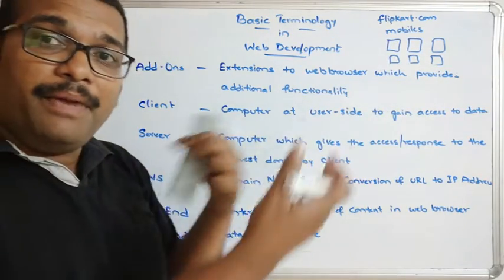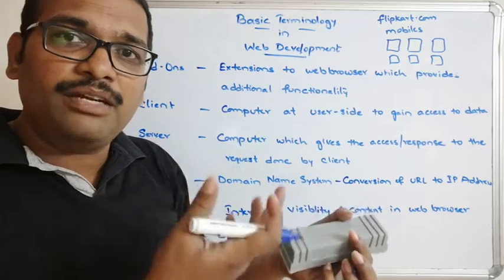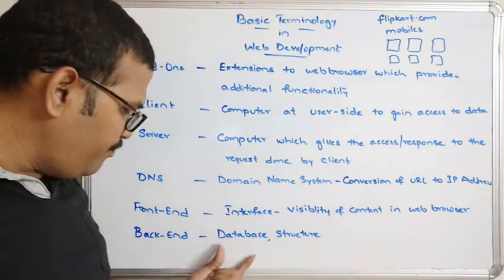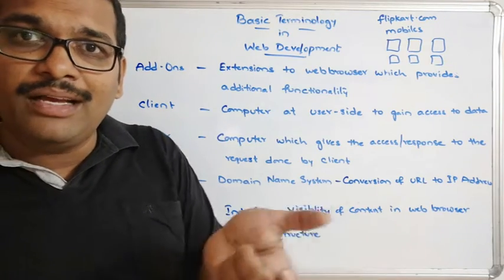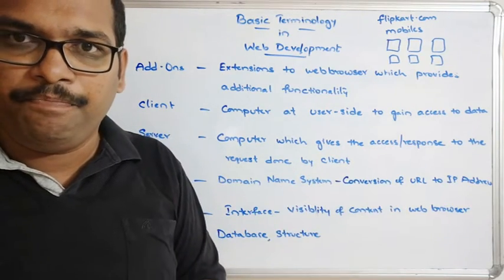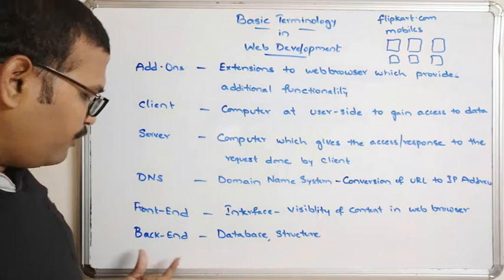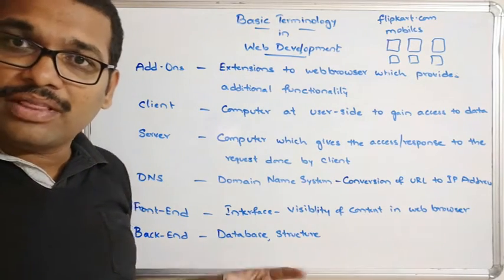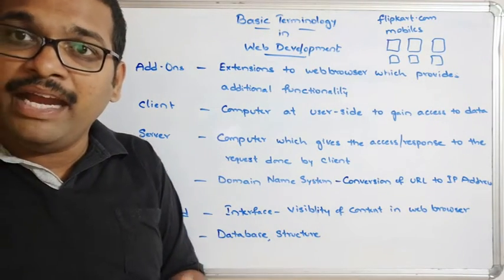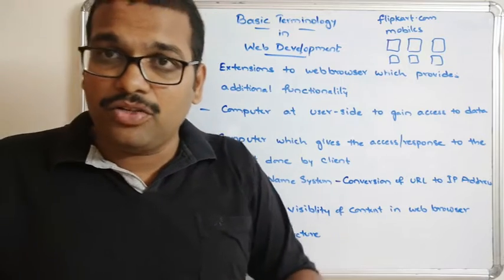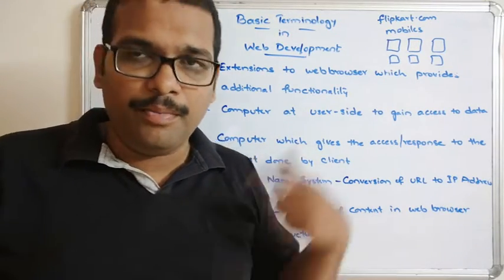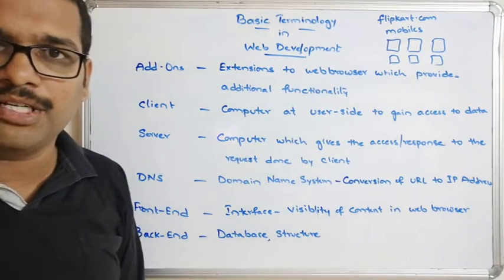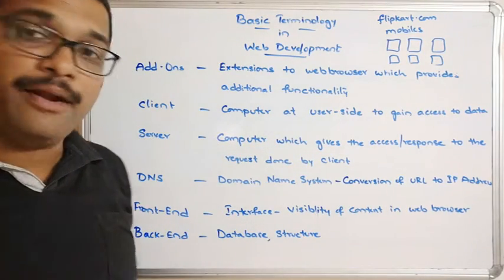So that database, where the information resides, is nothing but the backend. There should be one application to link this front end to the backend. So the maintenance of data, retrieval, and posting the information, everything we call the backend.